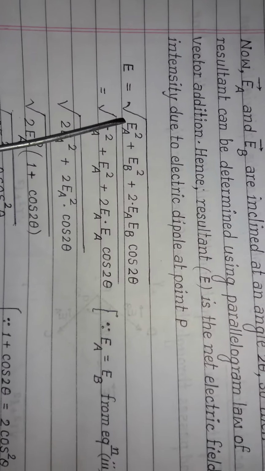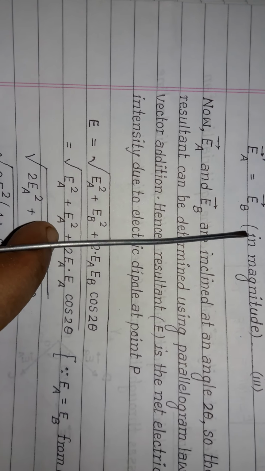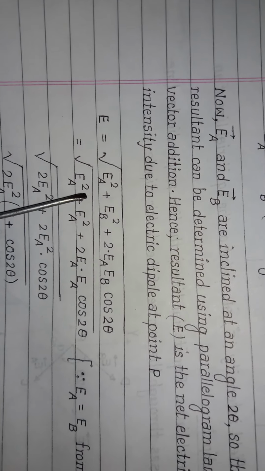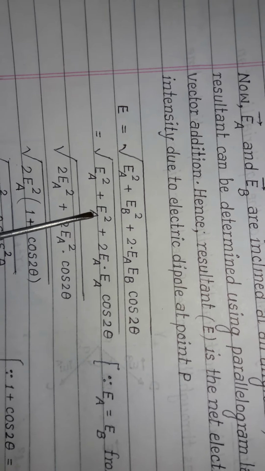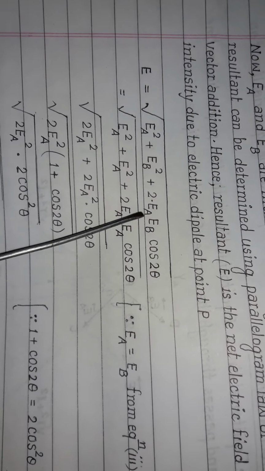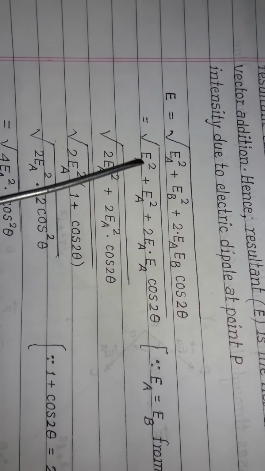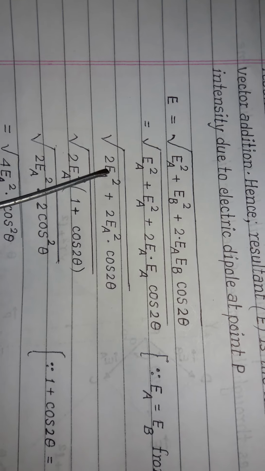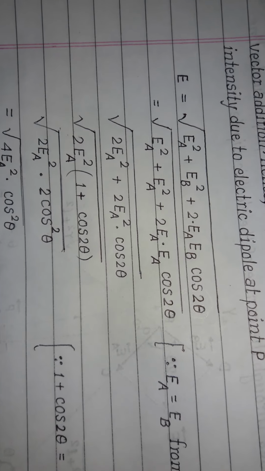But E_A equals E_B from equation 3. So in place of E_B we can write E_A. So E_A square plus E_A square plus 2 E_A square cos 2 theta.